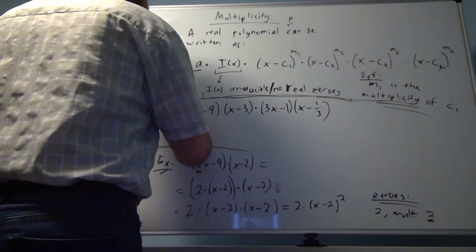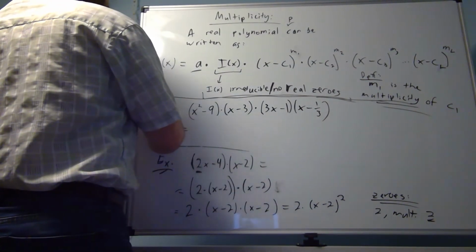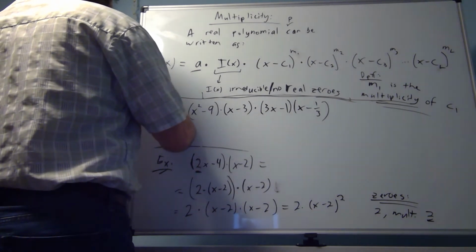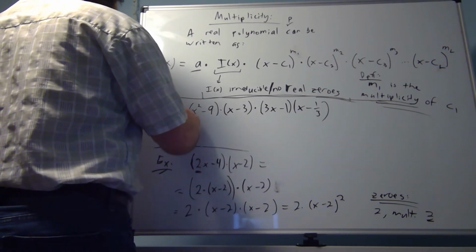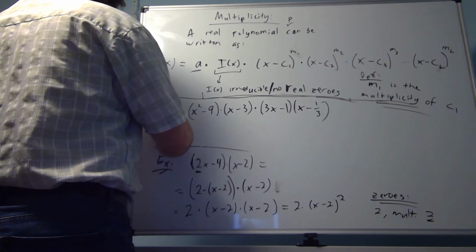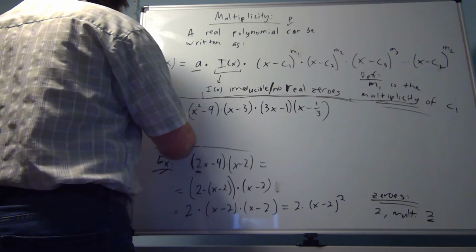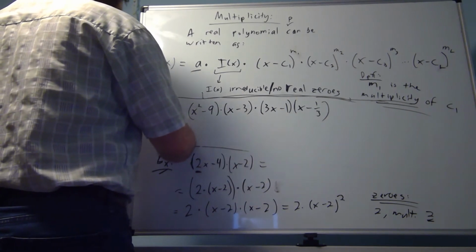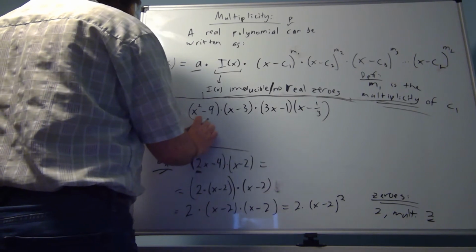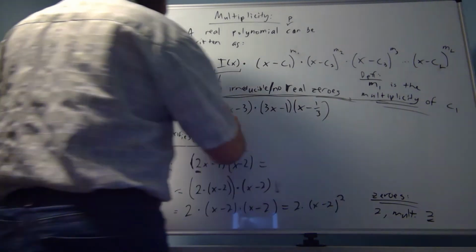Okay, so the instructions are find zeros and multiplicity. Each multiplicity refers to that particular zero.